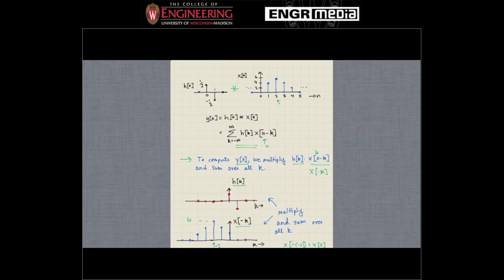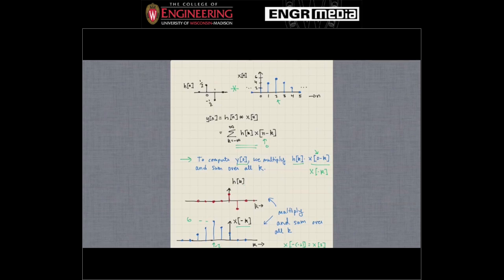So now let's plot those two things. The first thing we're plotting is h of k. That's just the impulse response. That looks exactly the same, no different than h of n. That's being plotted in red here. That's h of k.